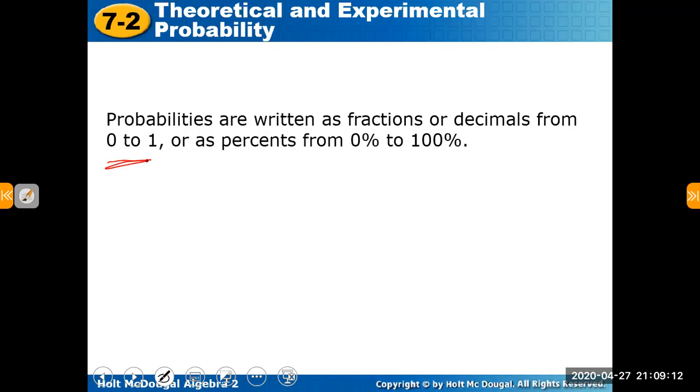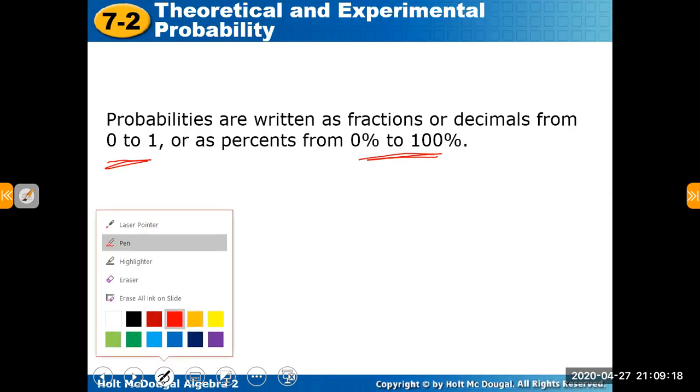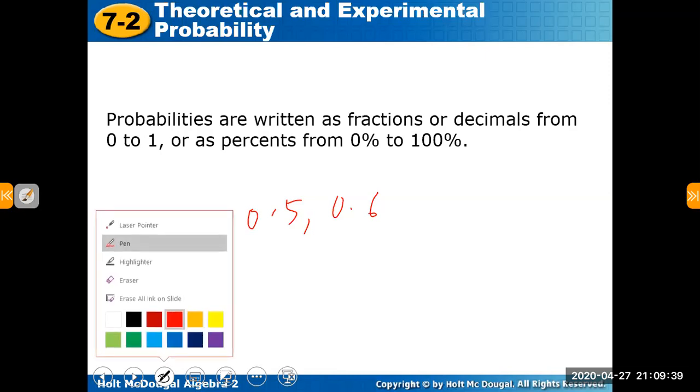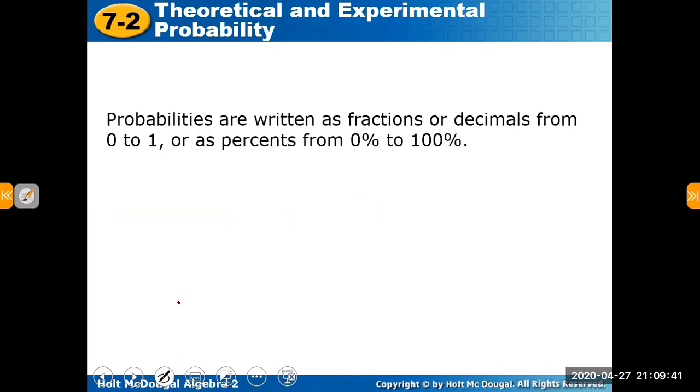Yes, when you are writing it in percentage, then it can go from 0 to 100%, of course. But in terms of normal numbers, we write it from 0 to 1. It can be either a fraction like 1 over 2, 1 over 3, etc., or a decimal like 0.5, 0.6, etc.